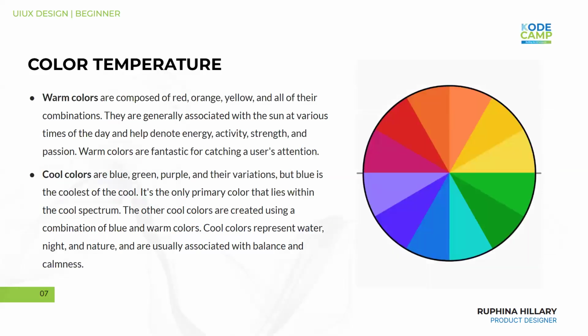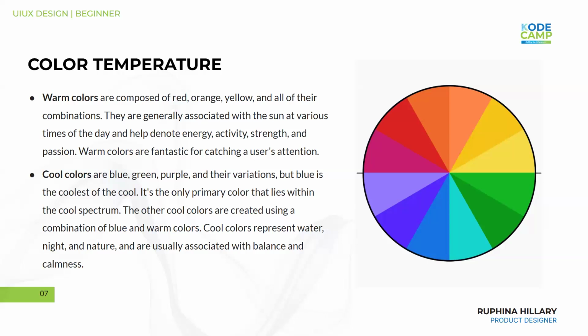Like I've said, the warm colors are composed of red, orange, and yellow. They generally denote energy, activity, strength, and passion. If you're looking at a fitness application or an athletic application, you see things like orange because orange already gives you that sense of urgency. Red, everybody knows, usually denotes danger. That's generally what the warm colors are used for.